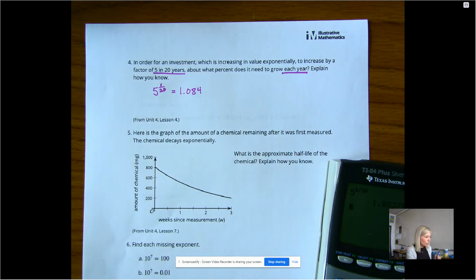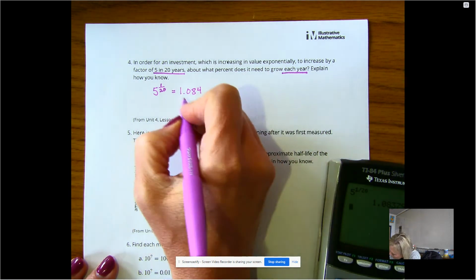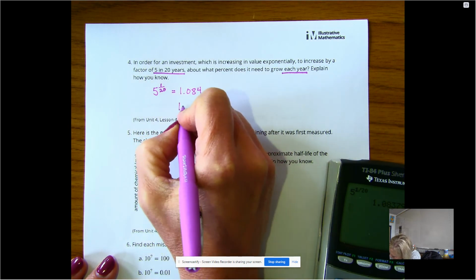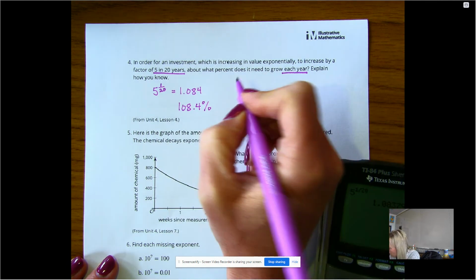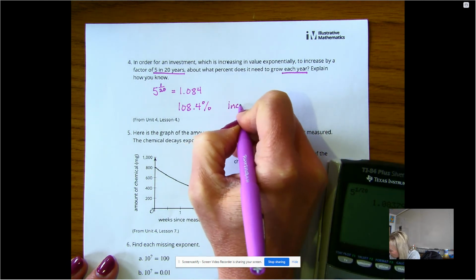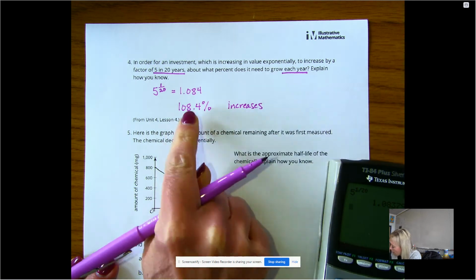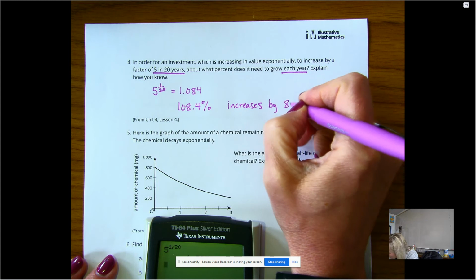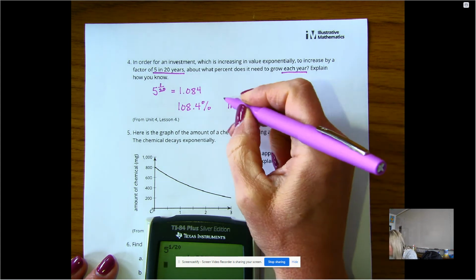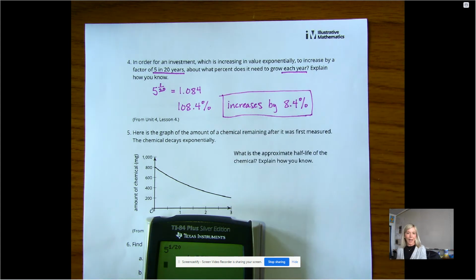And so if the factor is going to be 1.084 and it asks about this as a percent, this is 108.4%, which means it increases by just that 8.4%. Okay, because remember that when we're increasing by a percent, we add it to 100. So then if we find that 100 something percent, we have to take the 100 back away.